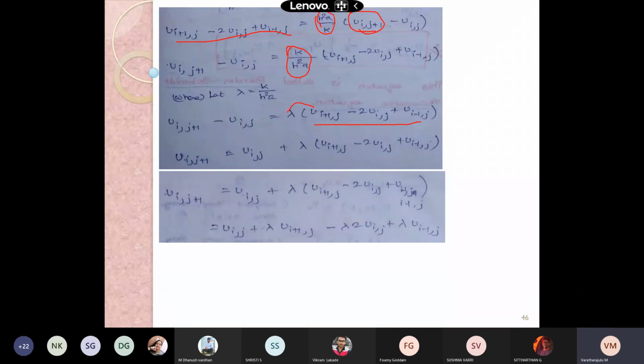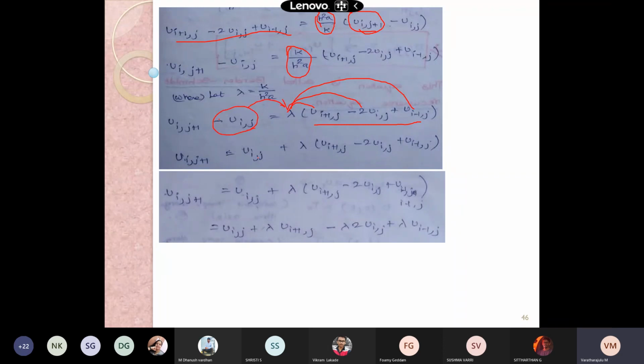Now I am transferring this lambda into three different terms. Here I don't have any u(i, j+1) term on the right, so there won't be any issue, but I have u(i, j). So in order to accumulate these u(i, j), I can take this into the RHS.